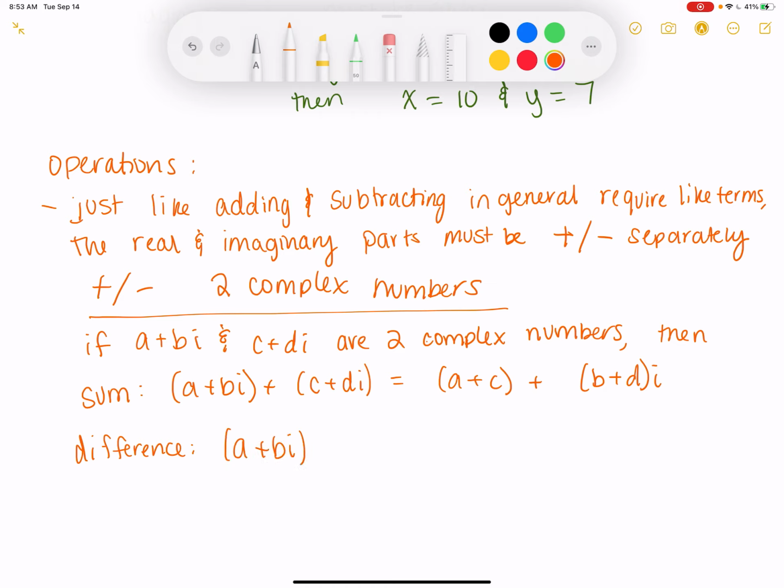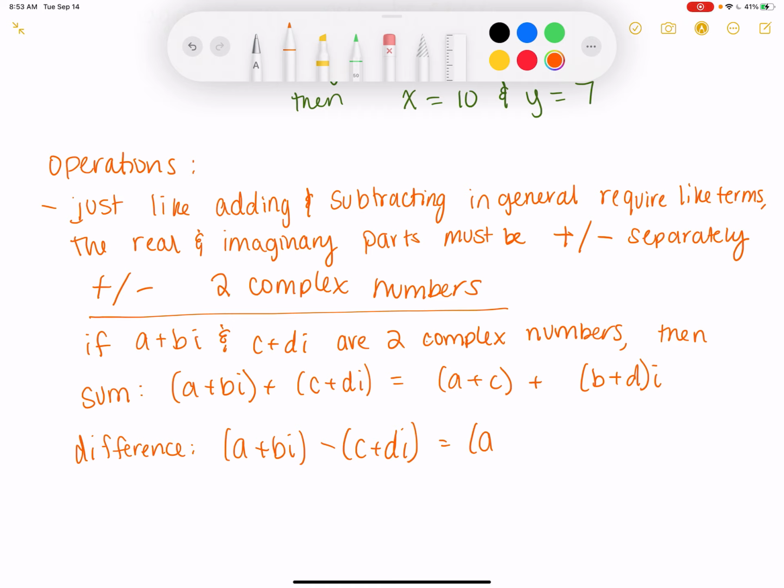a plus bi minus c plus di is equal to, hold on, I think something's written wrong in my notes. I want to make sure I'm not going crazy. Okay, there's a mistake in my notes.